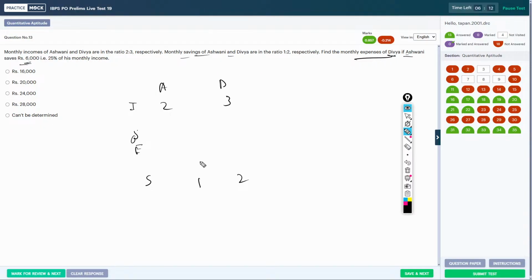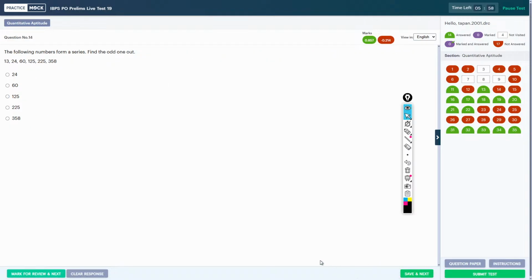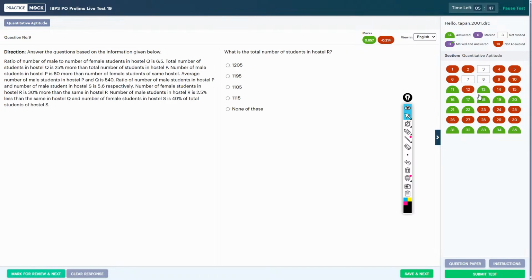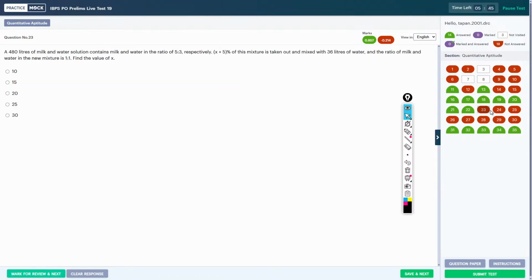If Ashwini saves 6,000, 12,000, which is 25%, so it is 2,400, it is 3,600. So 2,400 is monthly expenditure. Into 2 minus 2 into 2.5 into, no, nothing I can get.